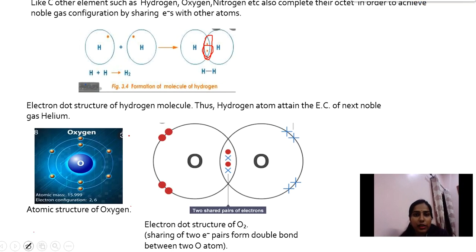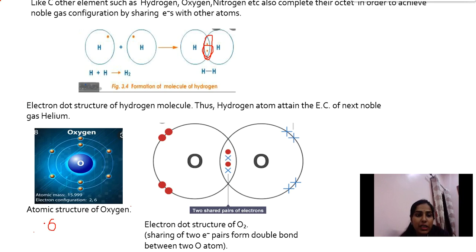The atomic number of oxygen is 8, and the number of electrons present in oxygen is also 8, and the number of electrons present in its valence shell is 6.